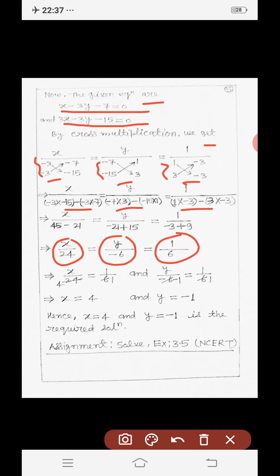Now, from first and third, we get x/24 = 1/6. And from second and third, we get y/(-6) = 1/6. Solving this, we get x = 4 and y = -1. Hence, x = 4 and y = -1 is the required solution.